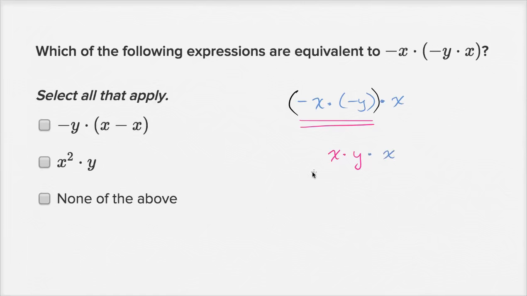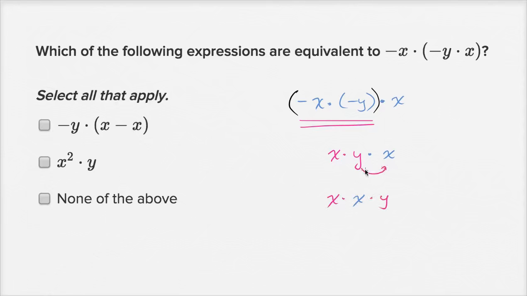Now the other thing we know about multiplication is it's commutative. We can change the order in which we multiply, because I don't see this going on over here yet. So if I multiply the x's first, I could write this as x times x times y.